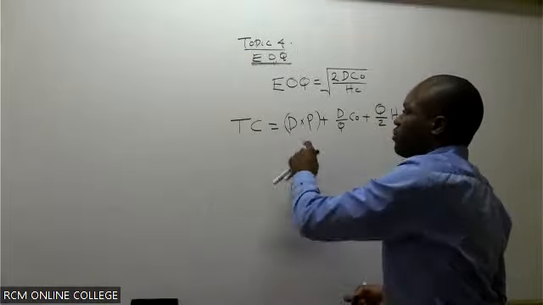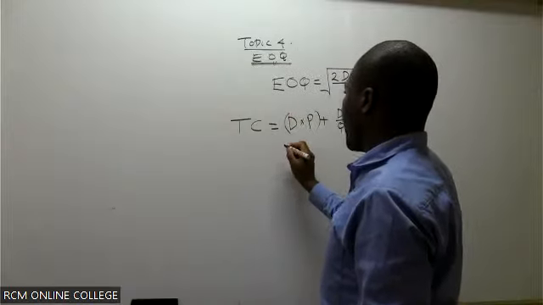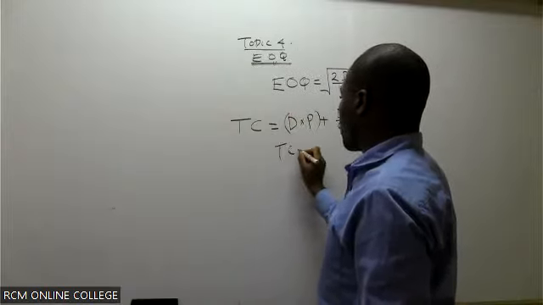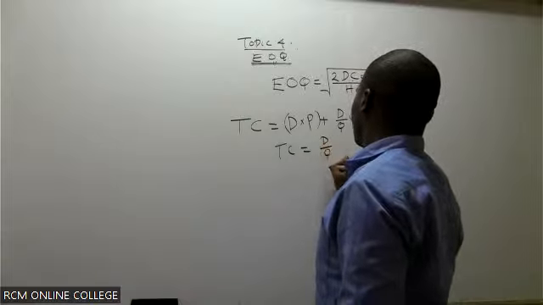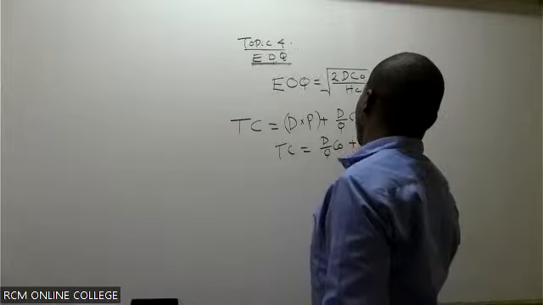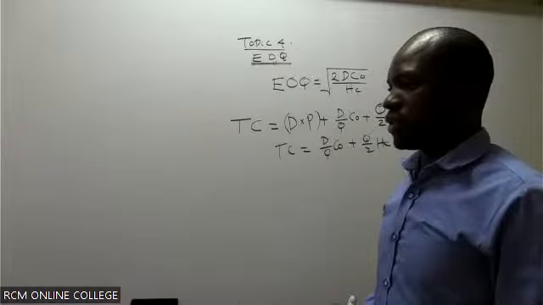It is constant. We basically now do away with it, and then we tell ourselves that total cost will be equivalent to demand over quantity plus quantity divided by 2 multiplied by holding cost.